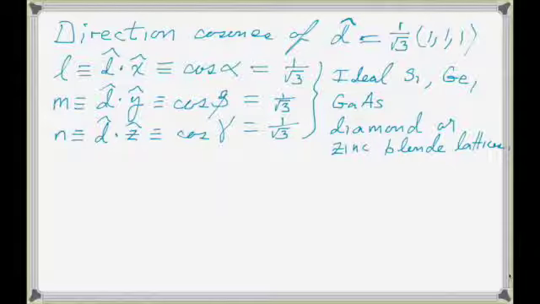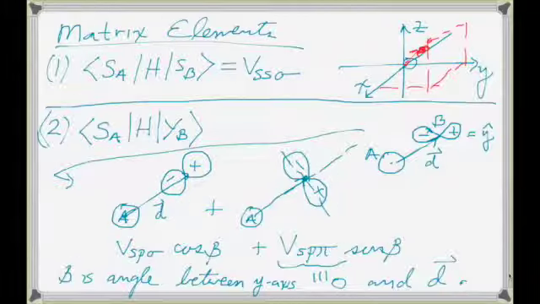And so, with that, if we do one p orbital like this, we're just taking the component of that p orbital along the d direction. The p orbital is along y, so we're just taking d hat dot y hat, which is that cosine beta, which is our m.